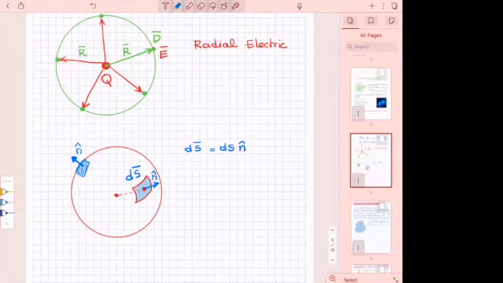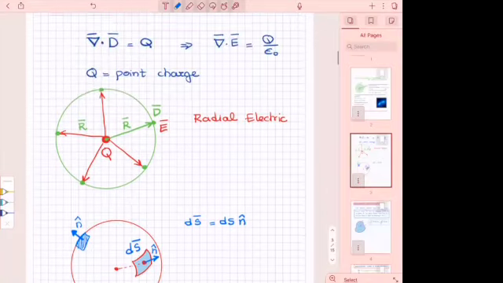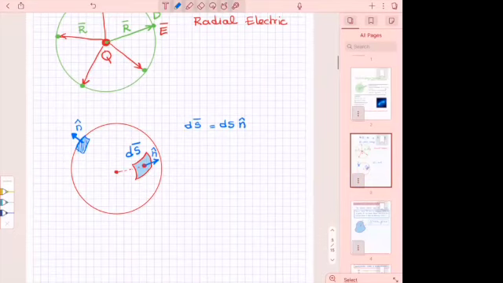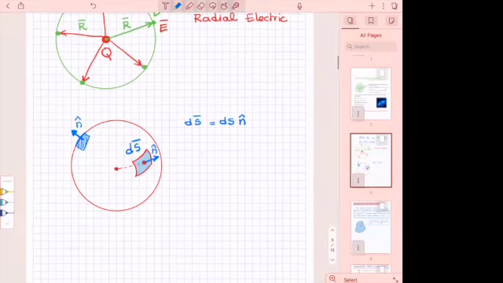Okay? So now, because the charge Q is at the center of the sphere, we took a sphere of radius R, an arbitrary radius, but we took the sphere around it. Then what the divergence theorem says is the following: if I take a volume integral of the divergence of D in this volume, all right?